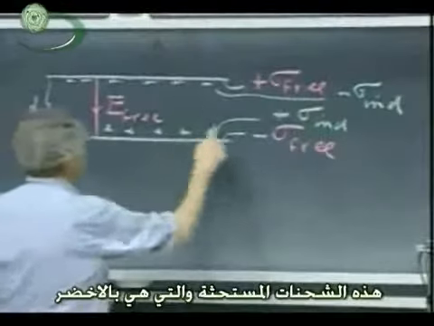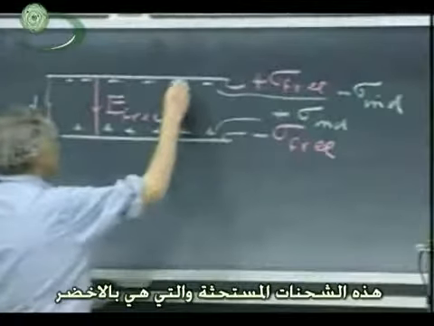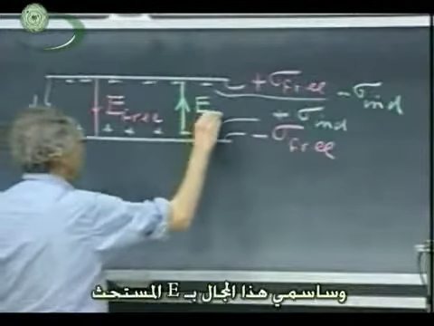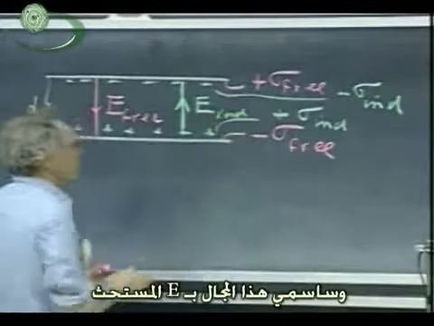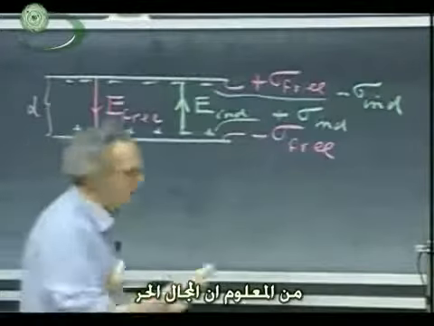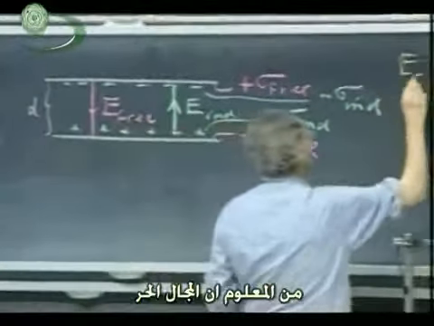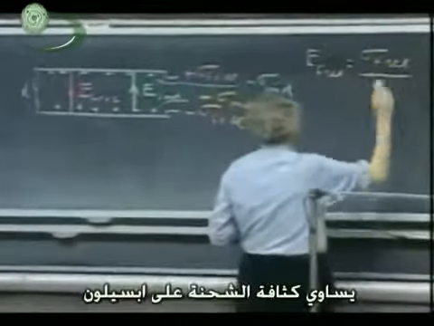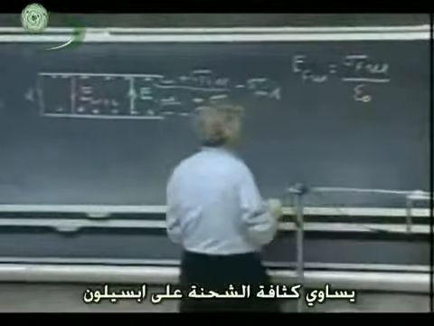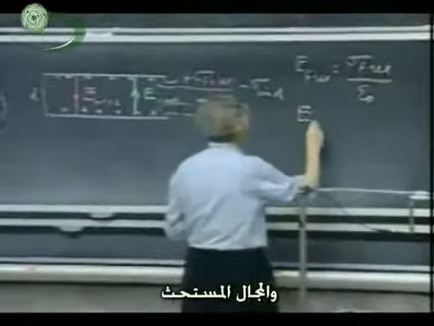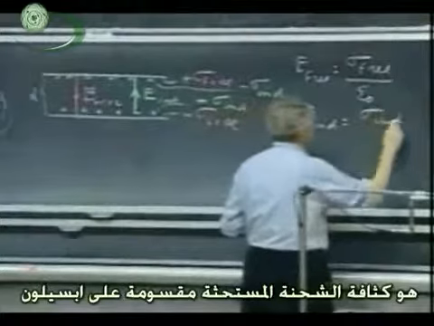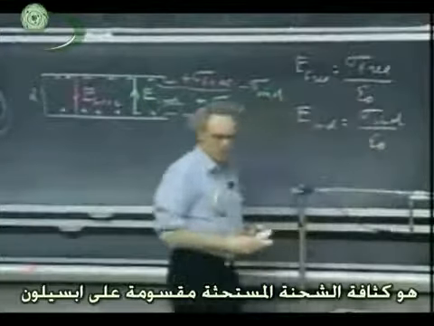This induced charge, which I have in green, will produce an electric field which is in the opposite direction, and I call that E induced. And clearly E free is, of course, the surface charge density divided by epsilon 0, and E induced is the induced surface charge density divided by epsilon 0.